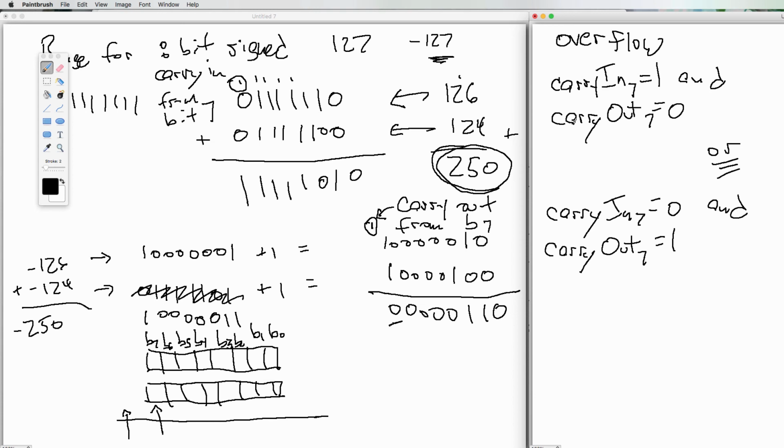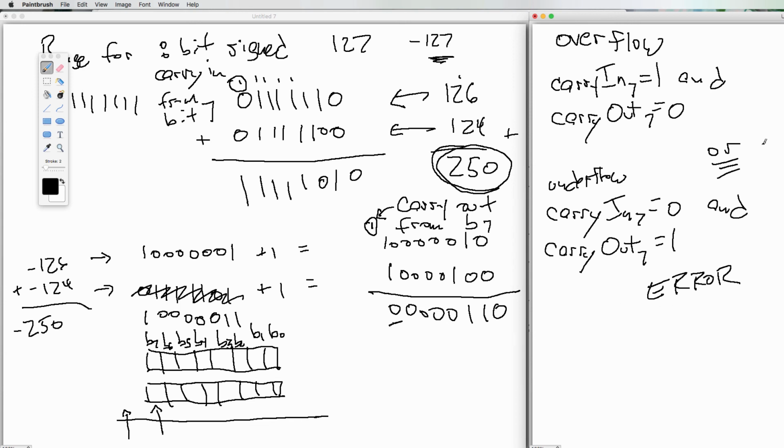This is when you get an overflow. In other words, if the carry in is 1 and the carry out is 0, that corresponds to this example over here, and that's an overflow. If the carry in is a 0 and the carry out is a 1, that's an underflow. And in either case, your answer is in error.